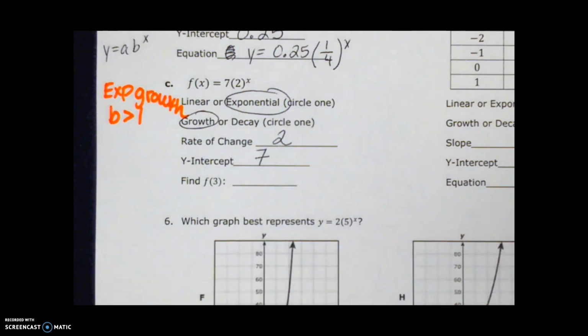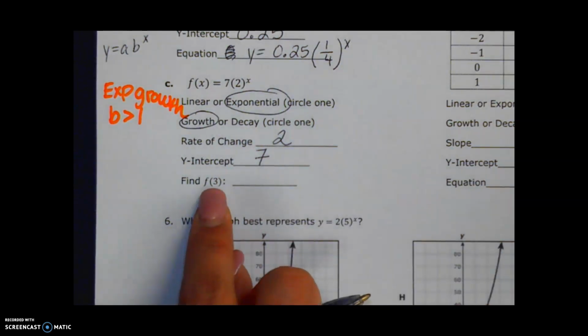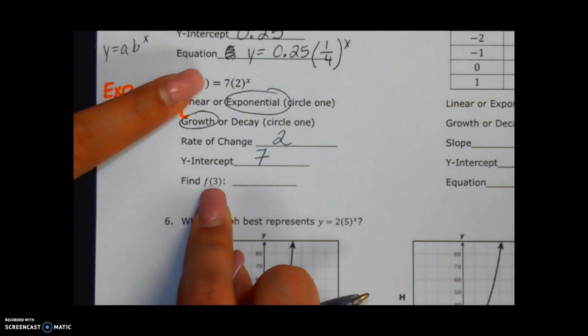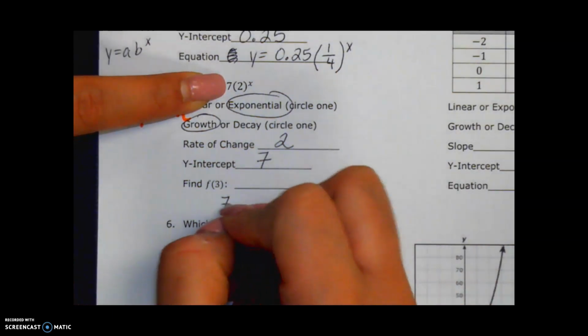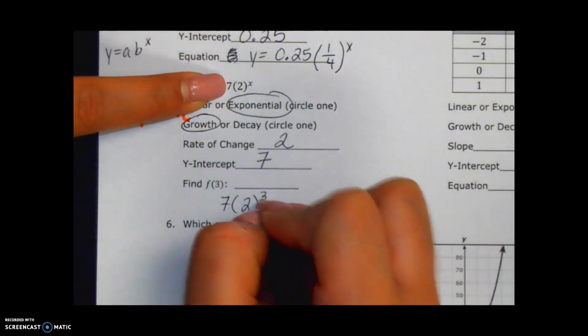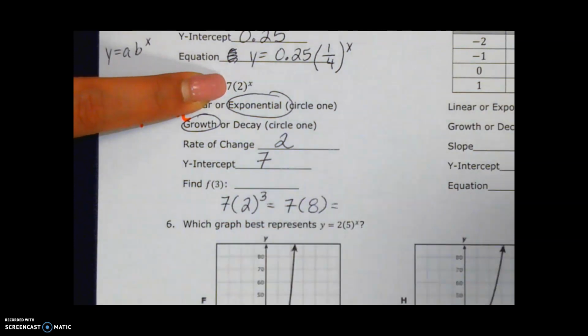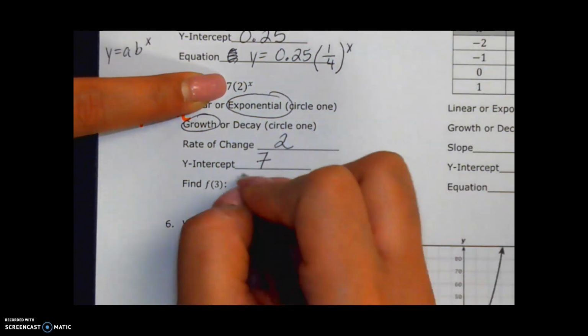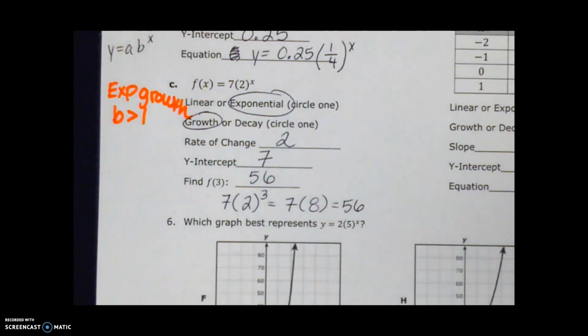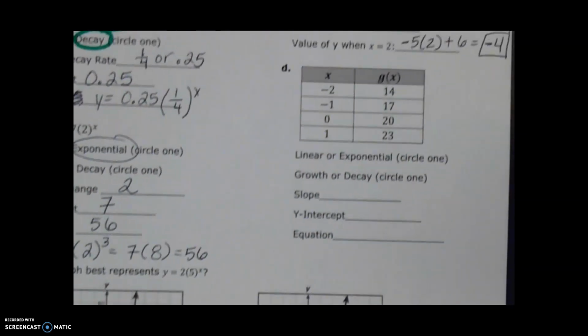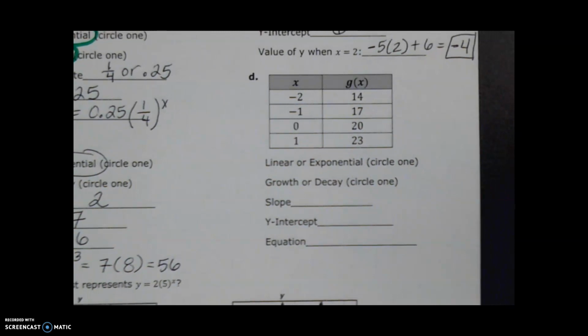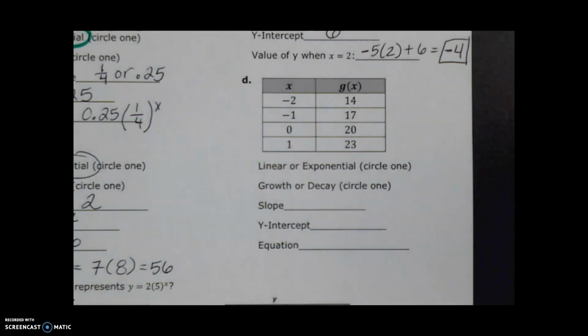My y-intercept is that 7, that's my initial value. If I want to figure out what f of x is at 3, all that means is I plug in a 3 right here, and what do I get? So that's 7 times 2 to the 3rd power. That's really 7 times 8. 7 times 8 is 56. My answer is 56.